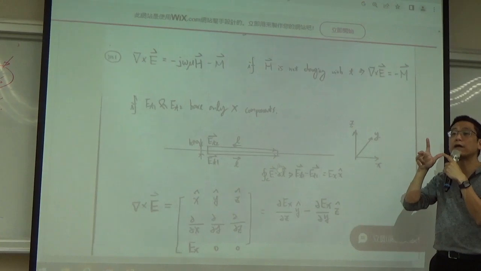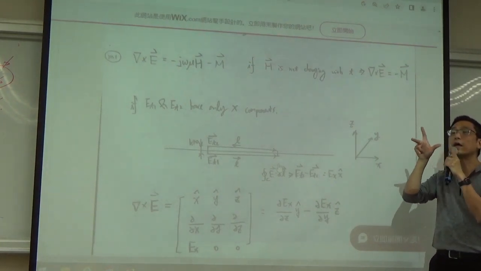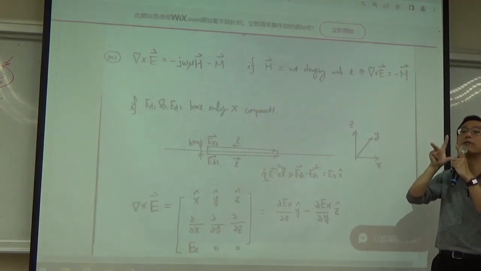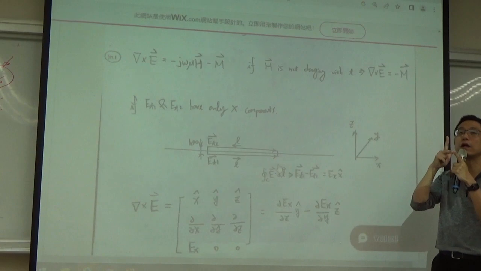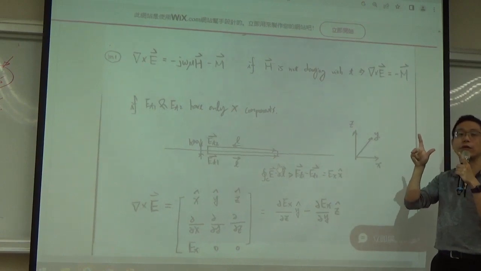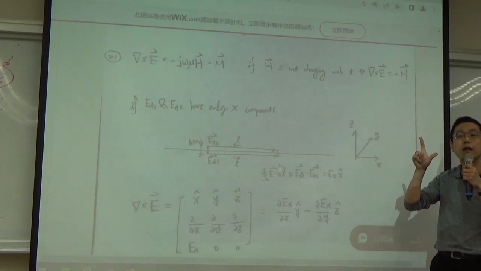They cannot affect others. If I have only an X component, I don't have Y and Z components. That means these three directions are perpendicular to each other. Okay?